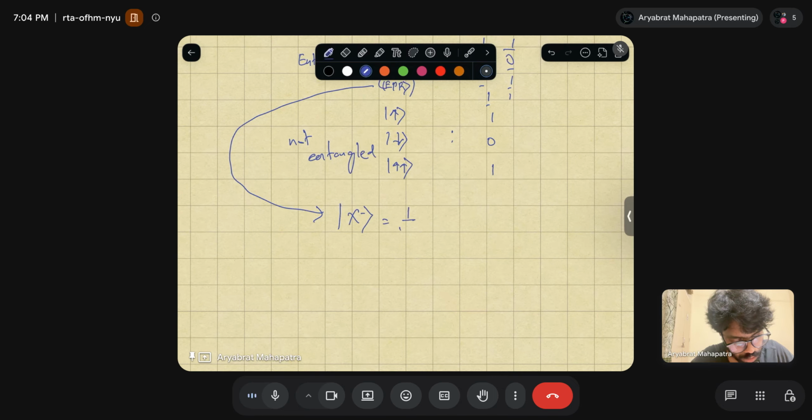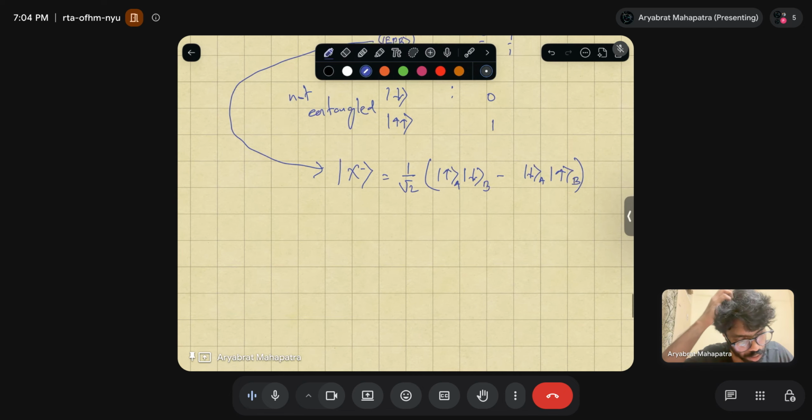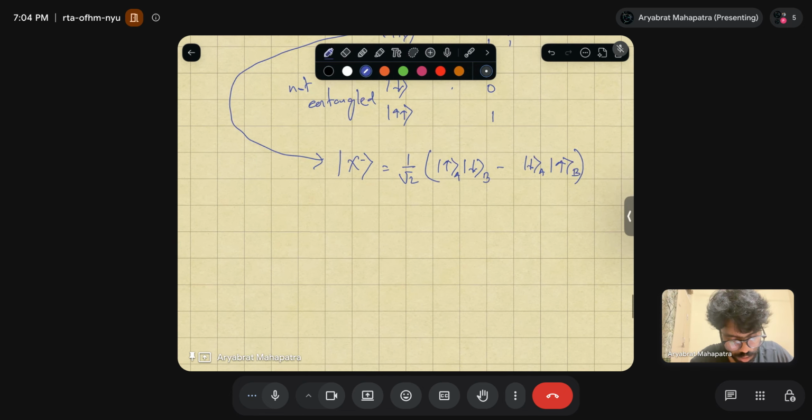It is given as 1 over square root 2, with labels A and B. So this is only the EPR state.